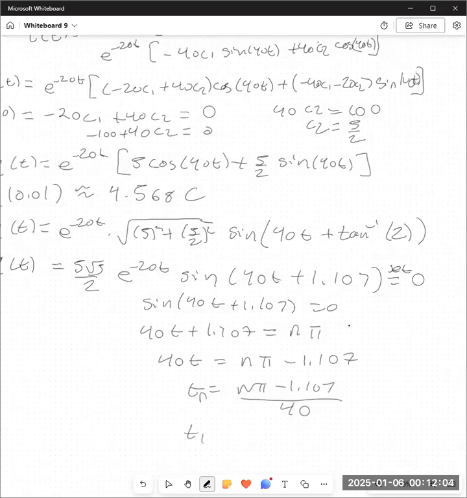So the first time that I'm interested in is when n is equal to 1. And again, using my calculator, that's about 0.0509 seconds.